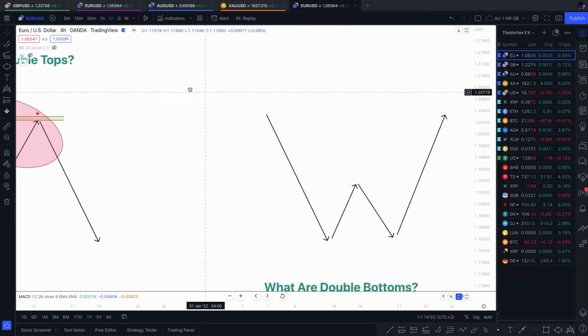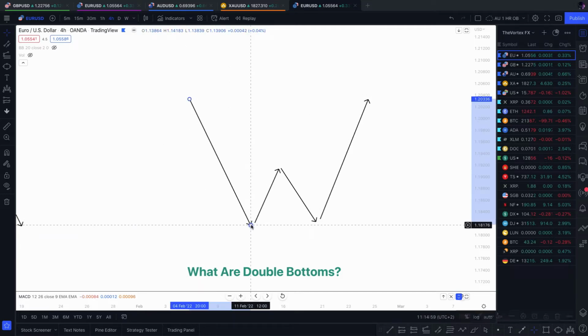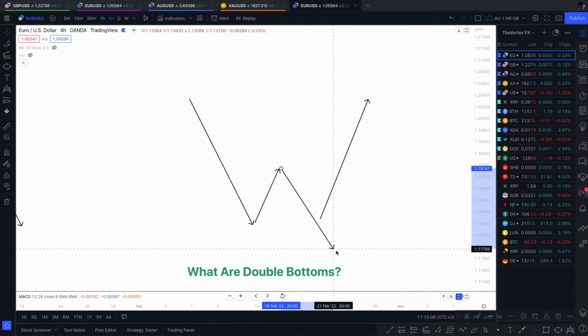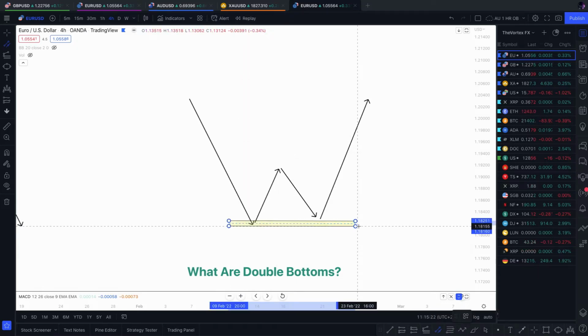And we can say the same for double bottoms. Price was trending downwards, eventually made another lower low, cooled off, retraced up, and said, cool, I am going to make an even lower low. I'm going to come back down even lower, breaking this previous low, but it struggles to do it because obviously the support in this region is strong. So we effectively have a support zone right there.